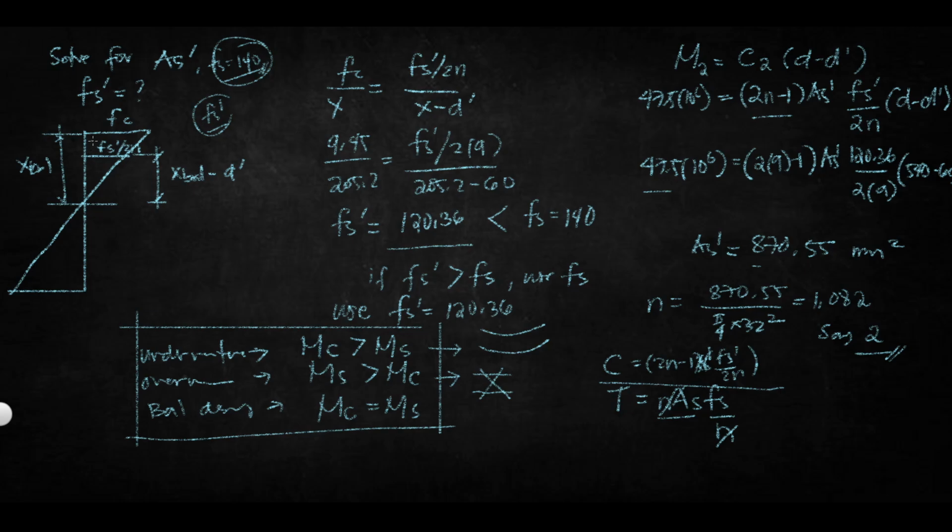So, from the stress diagram class, if you remember the stress diagram. So, this is the stress diagram. Yung nasa taas yung compression. So, Fc, yung maximum compression sa concrete. And then, at this point, meron po tayong stress din sa ating compression steel, which have a formula of Fs prime all over 2n.